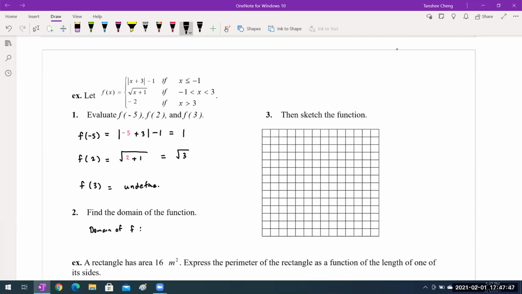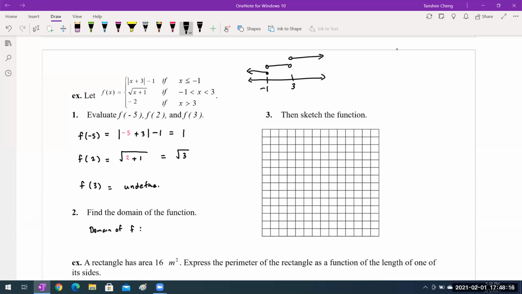When you are writing interval notation, like I showed you earlier, visualize it until you feel very comfortable, and then you don't need to visualize anymore. So -1 is inclusive, going in this direction. The second portion is -1 to 3, where -1 is not inclusive and 3 is not inclusive. The last part is from 3 to positive infinity.